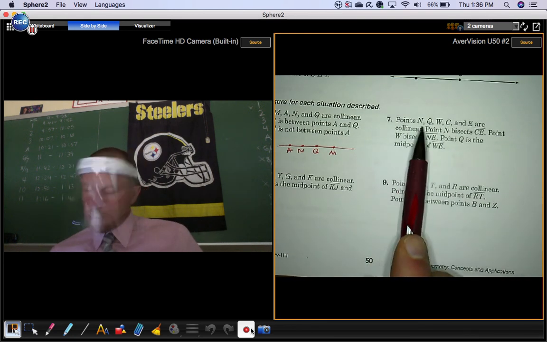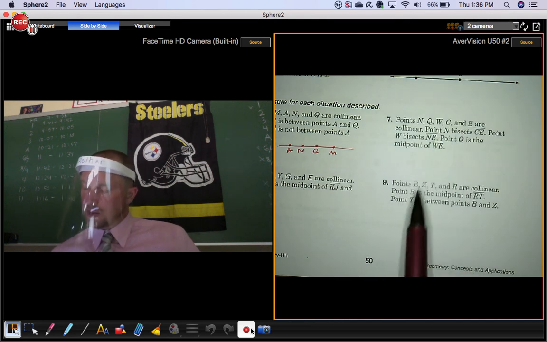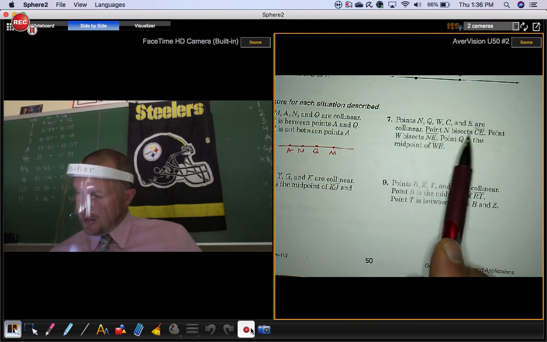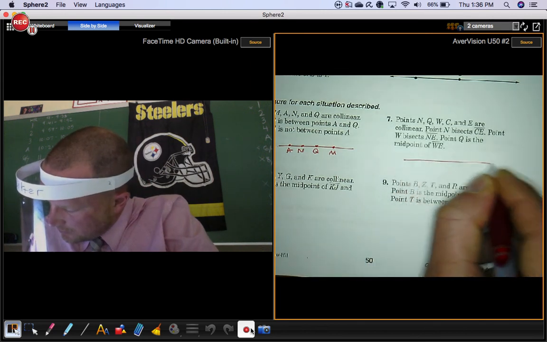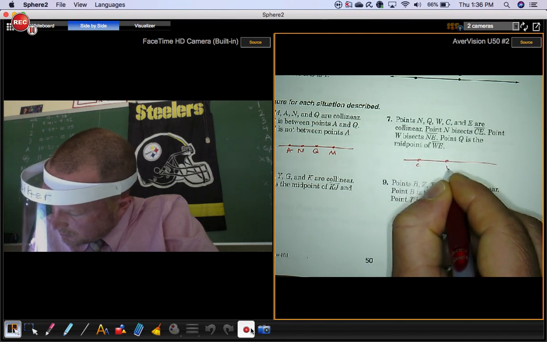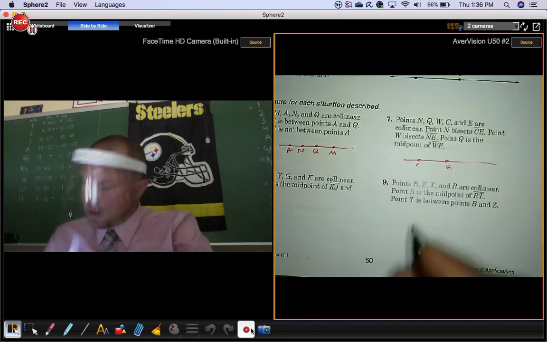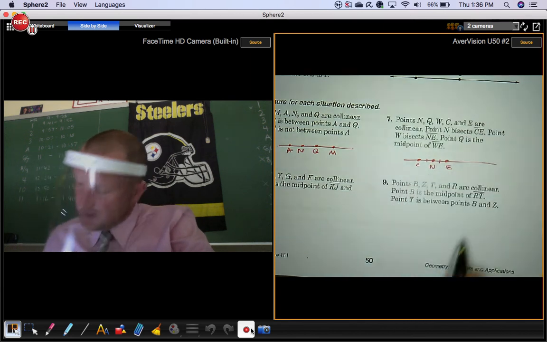Number 7, points N, Q, W, C, and E are collinear. Now they're telling you that point N is going to bisect segment CE. So there's segment CE, and if point N bisects it, then I know those pieces are the same.